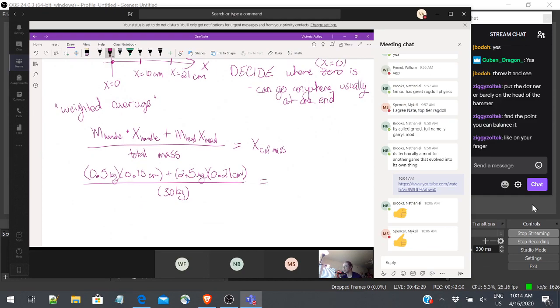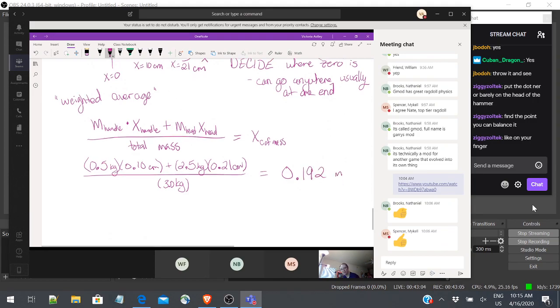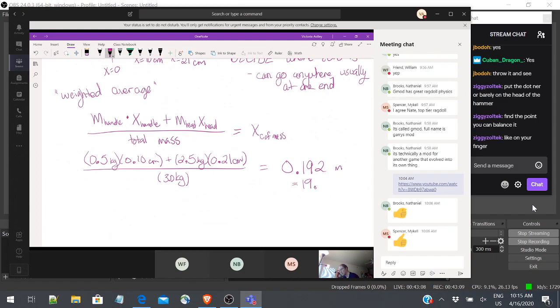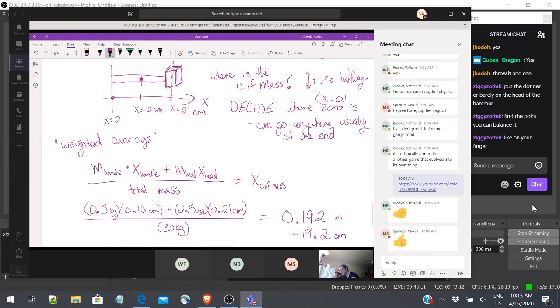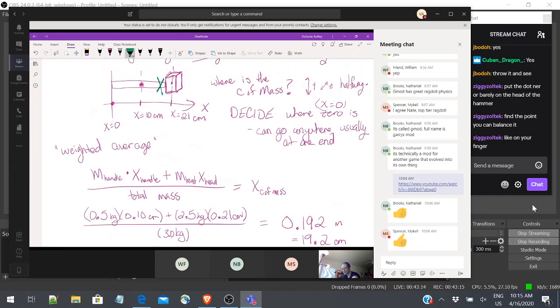So our center of mass is located, okay. I get 0.575 divided by 3 is 0.192 meters, which is 19.2 centimeters, which is like here, which makes sense.